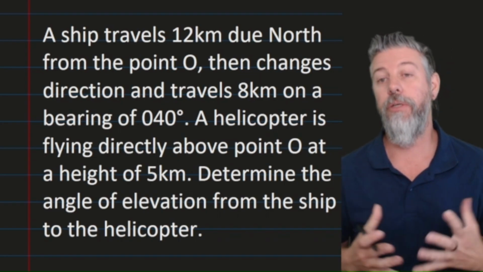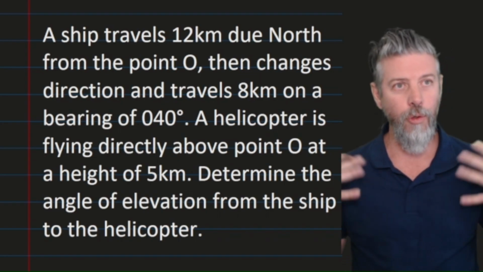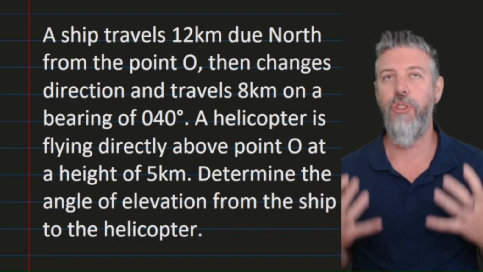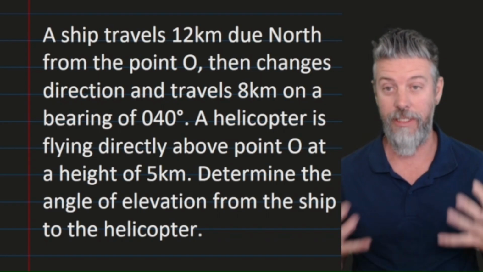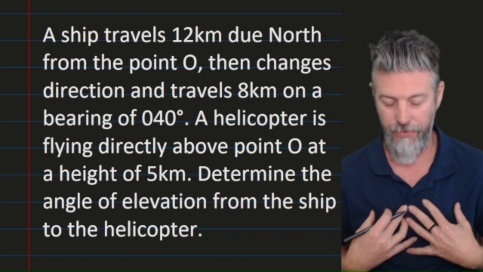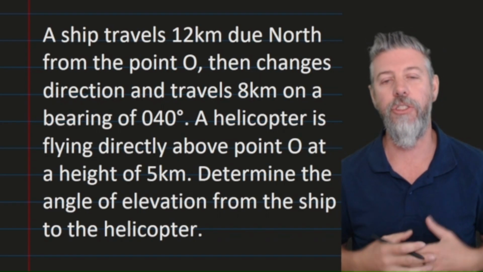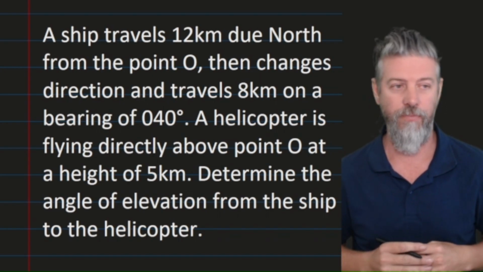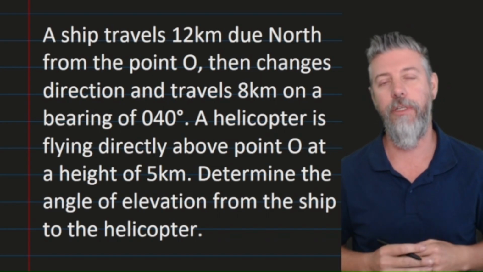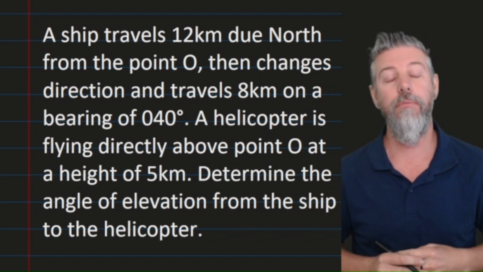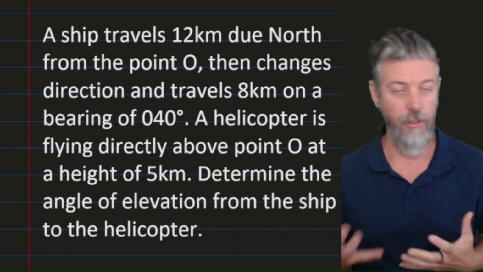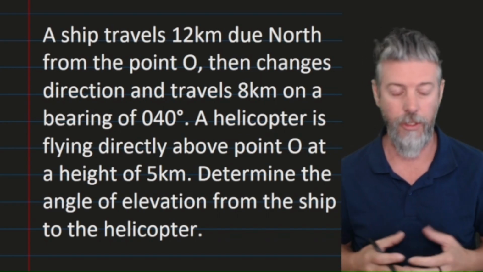Okay, so we're going to draw something. Now, before we even draw something, what we want to try and do is think, well, what information on this drawing that we draw is going to help us solve this question? In the end, we're doing a determine the angle of elevation question. So we can determine an angle of elevation if we have 2 sides of a right angle triangle, or we could be doing it using some maybe sine rule or cosine rule.